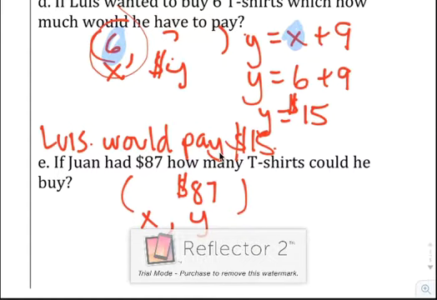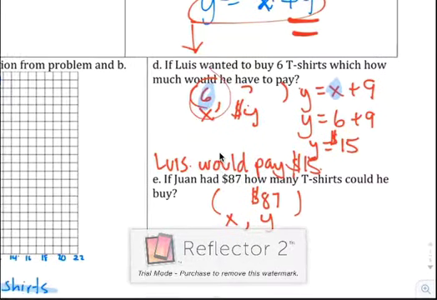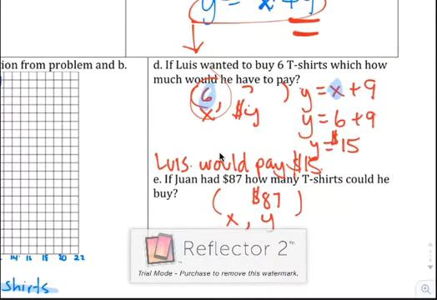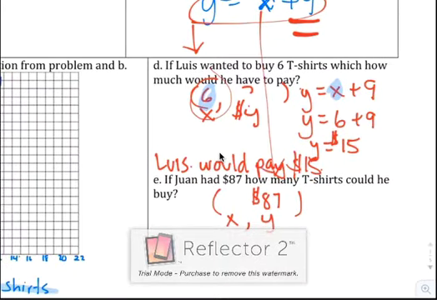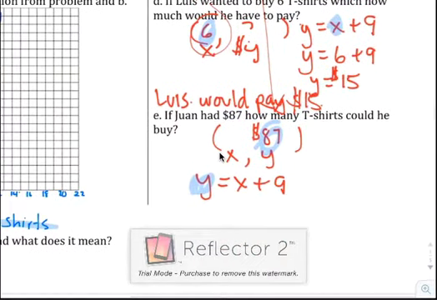Well, we can use the equation again, this equation down here, Y equals X plus 9. In this case we have Y, so substitute it in there. So 87 equals X plus 9, minus 9, minus 9. X equals 78.